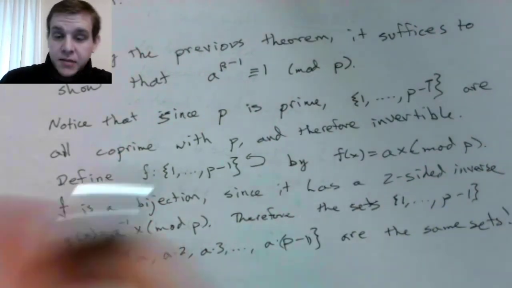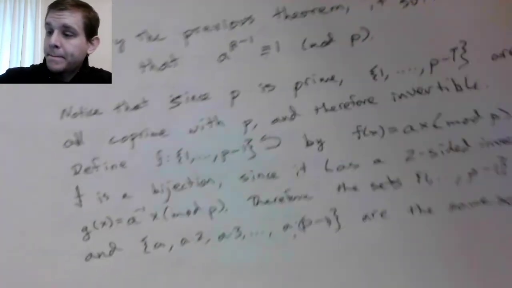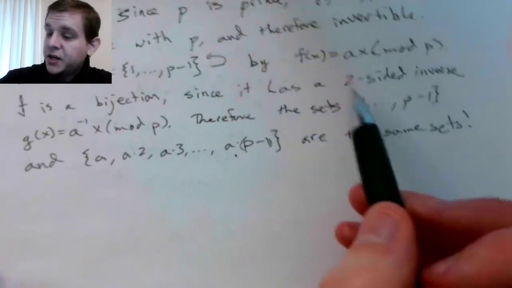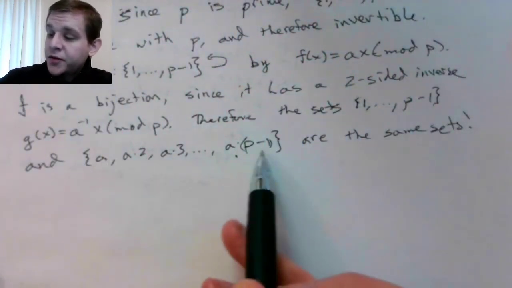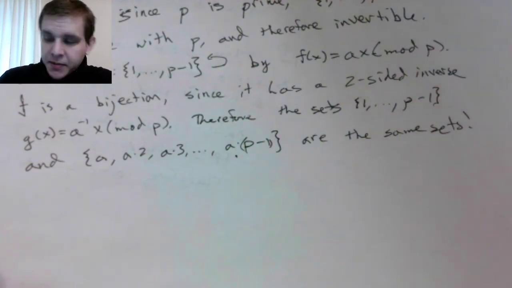They're just renamed. This is put in a different order, but the elements here are the same as the elements here. So if I multiply all of the elements here, and I multiply all of the elements here, I get the same answer, because it doesn't matter what order I multiply elements in.